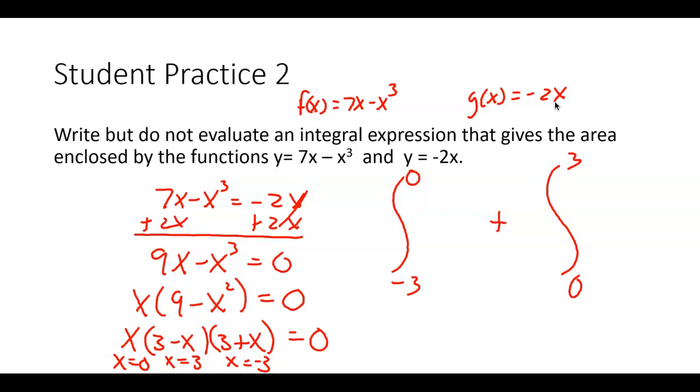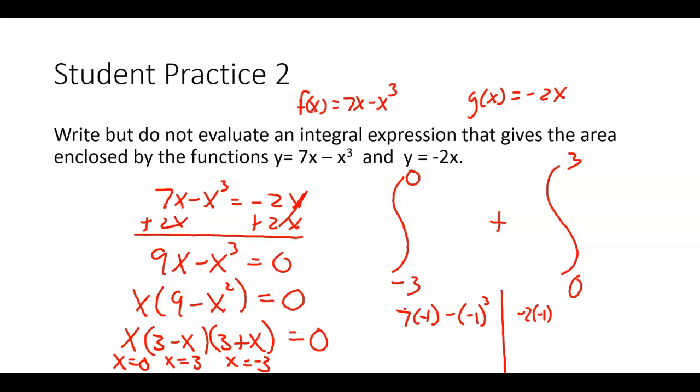So, for the first one, I'll go with the f and g notation. No, I guess I won't. I don't want to confuse them. We have the 7x minus x cubed and the 2x, right? I'll pick a number between -3 and 0. We'll go with -1. And then the other one is -2 times -1. And we'll see which one of these comes out greater.